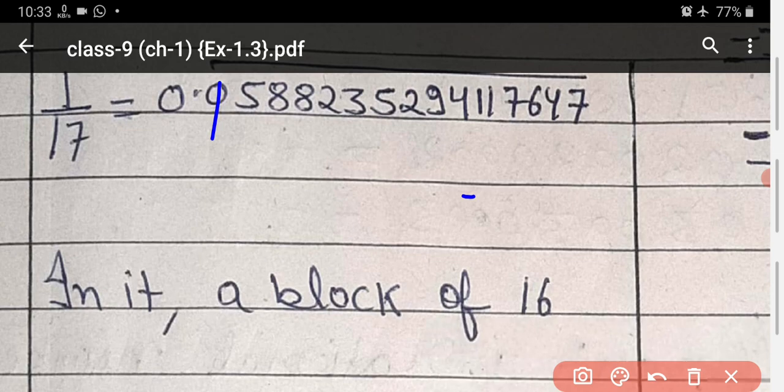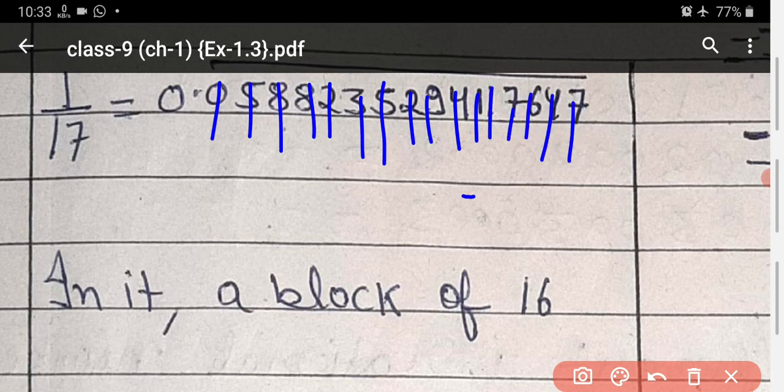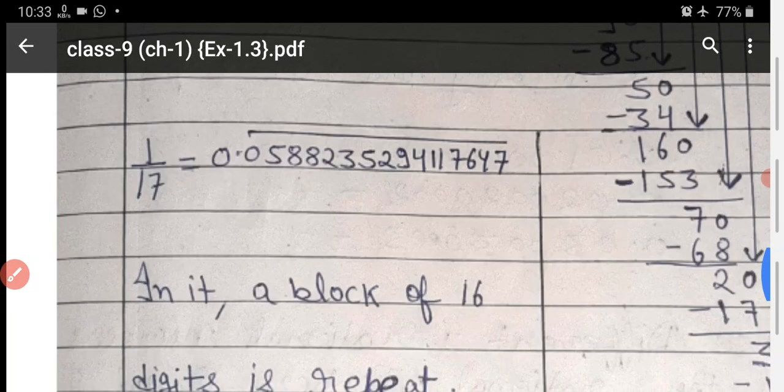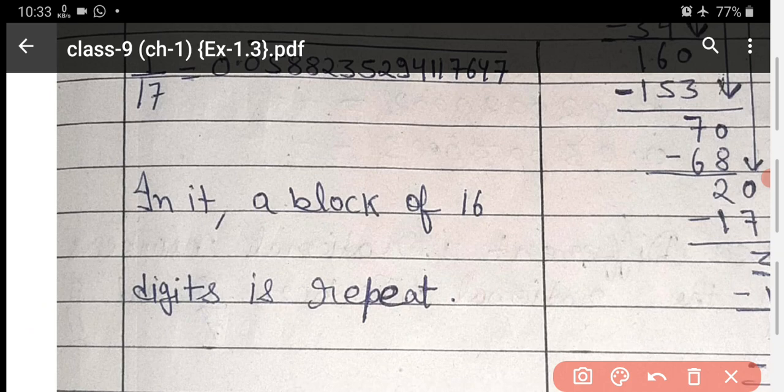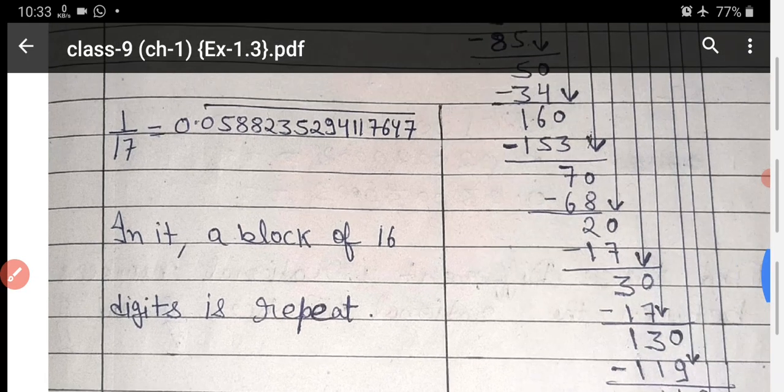It is 0, 1, 2, 3, 4, 5, 6, 7, 8, 9, 10, 11, 12, 13, 14, 15, 16 digits repeated. So you write here, in it a block of 16 digits is repeated. The question is asking how many digits are repeated in the block, so you write here, a block of 16 digits is repeated, and the question says you have to check by performing actual long division.